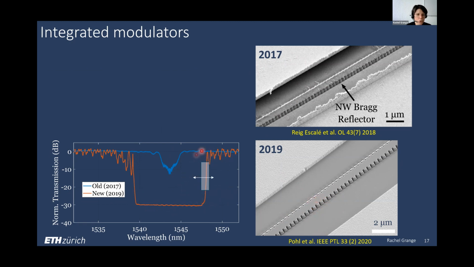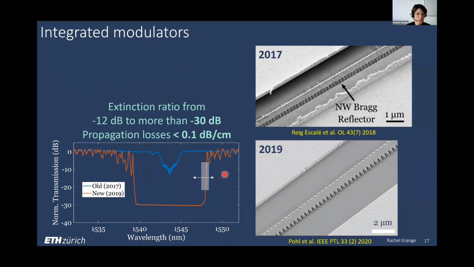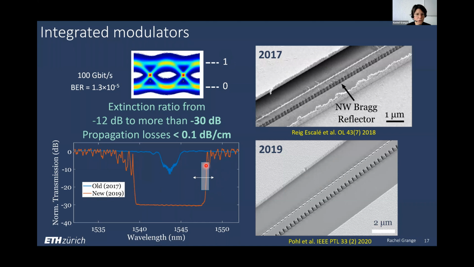And what we are using to do the modulation is the steepest part of this stop band here. By applying the electric field, you can move the steepest part slightly and define your zeros and ones along the different optical path lengths. When the zeros and ones are well defined, it means a very low bit error rate, and the eye stays open, so white in the middle, so that you can really define when you send random zeros or random lines of ones.